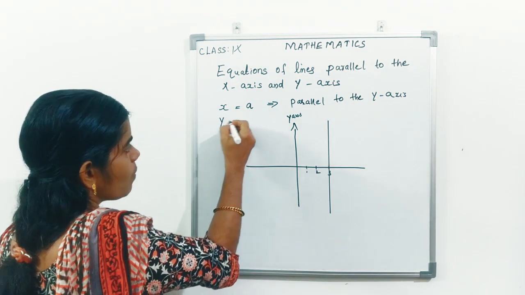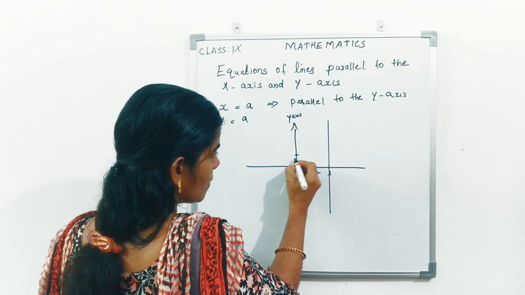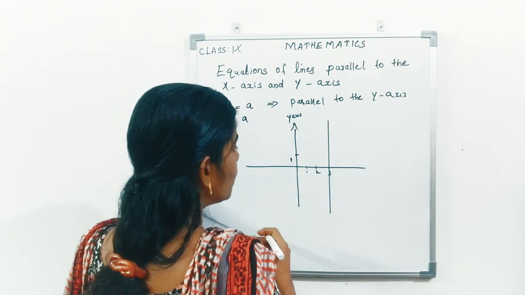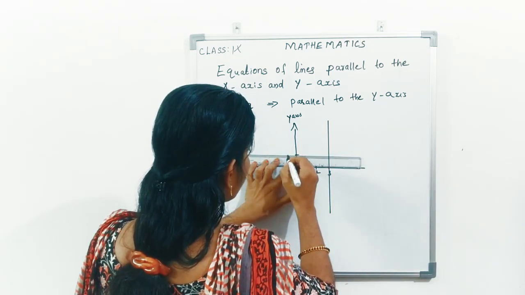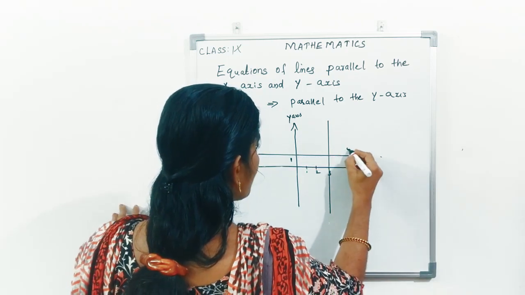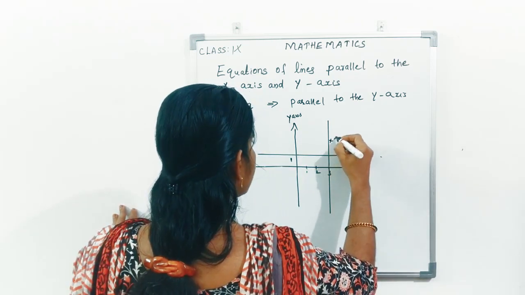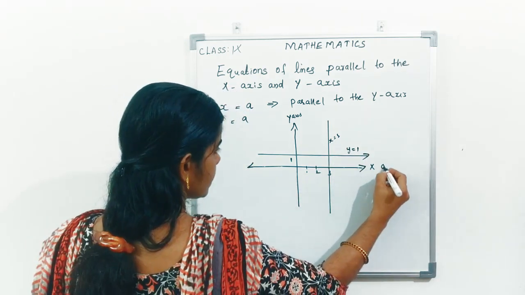If you are taking y is equal to a, for example, I am marking here 1 and y is equal to 1. I am drawing that line. Just look, this is the line y is equal to 1, and this is the line x is equal to 3. This is our x-axis.